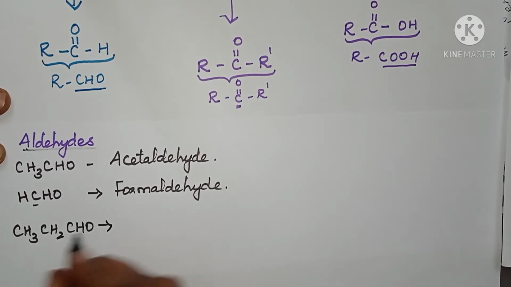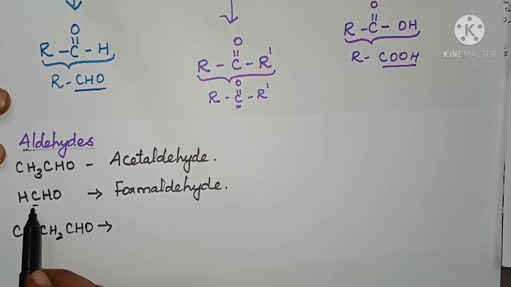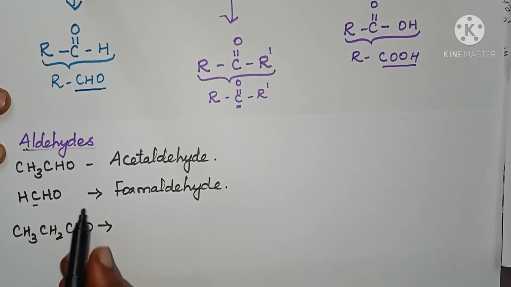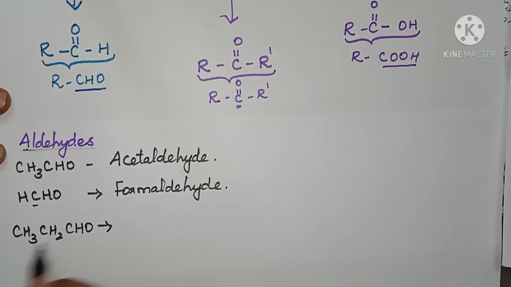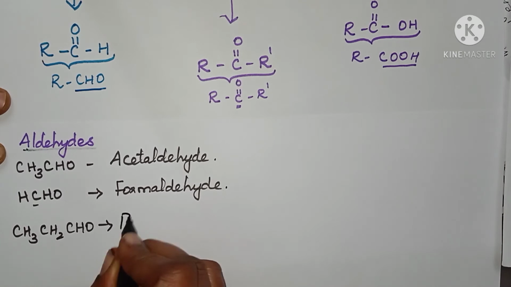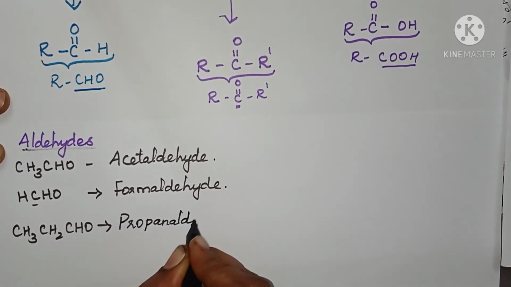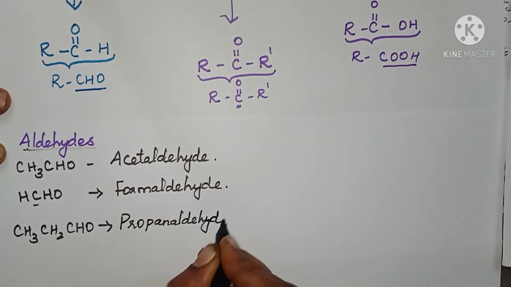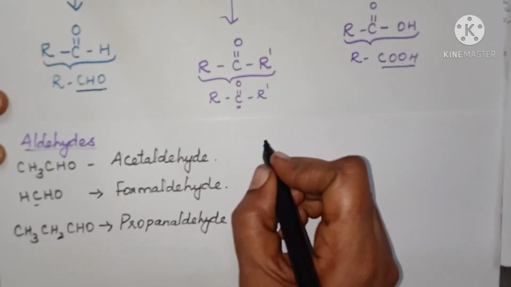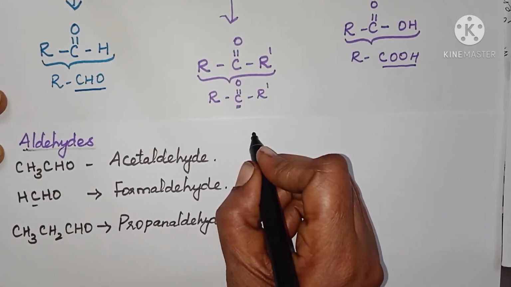What is it called? This is acetaldehyde, this is formaldehyde, and this has 3 carbons. Propanaldehyde.